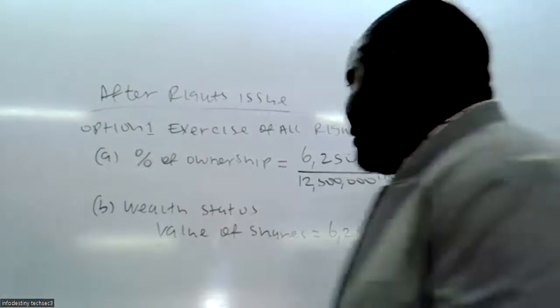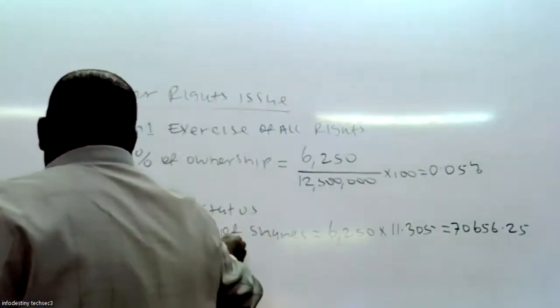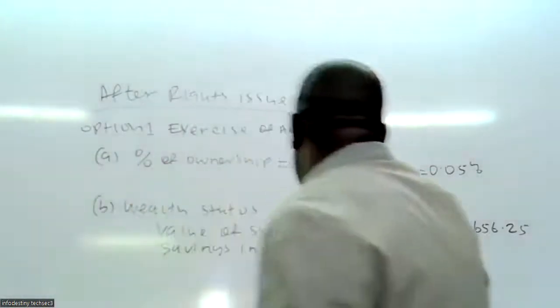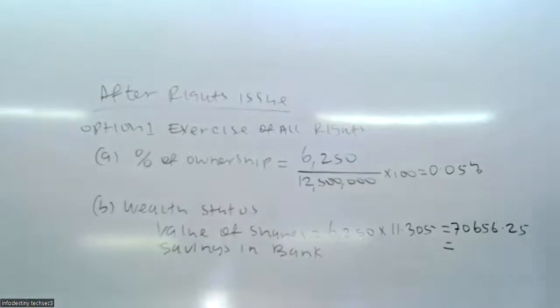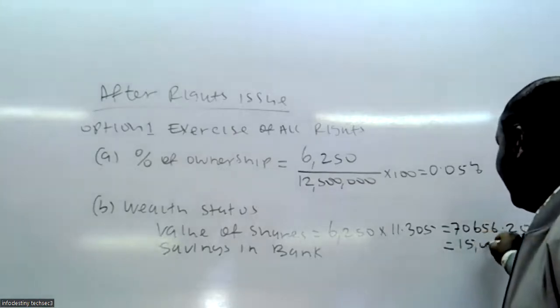Then there was that savings in the bank. Savings in the bank remained. That one had not been adjusted. So how much was the amount in the bank? He had 15,000.